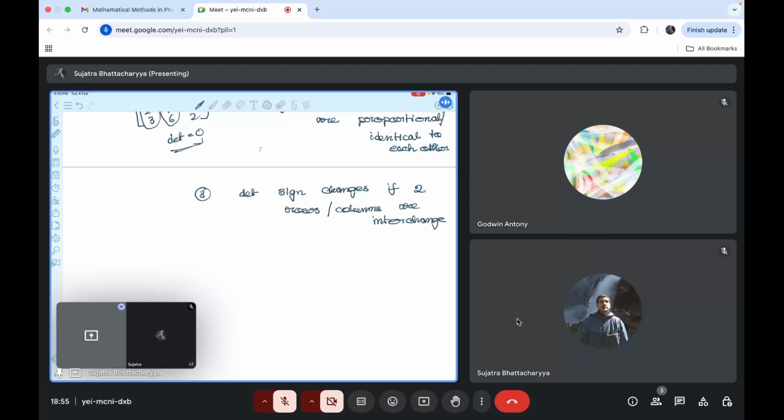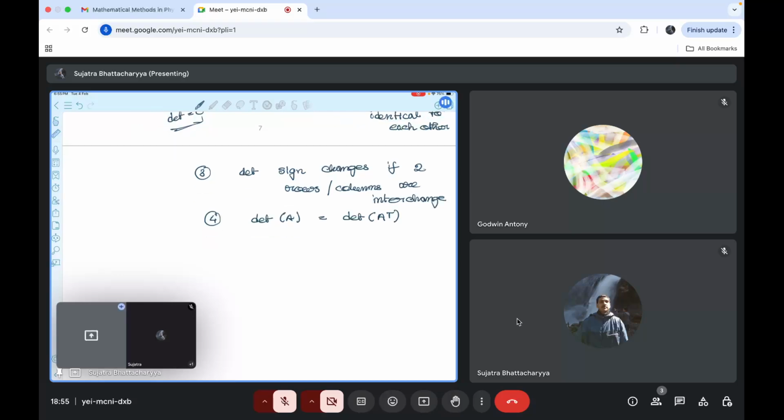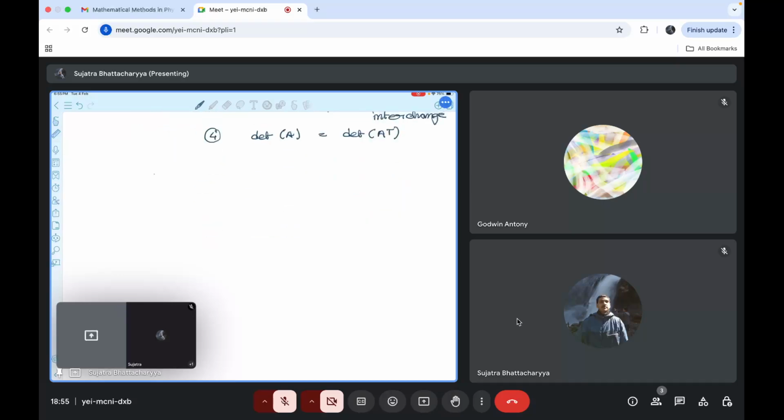So it changes, interchange or exchange, whatever it is. Fourth, the determinant of A and the determinant of A transpose are equal. There is no difference.